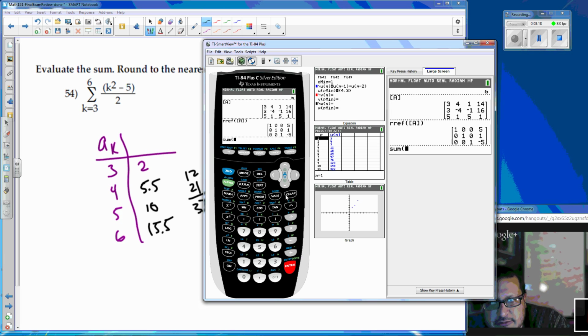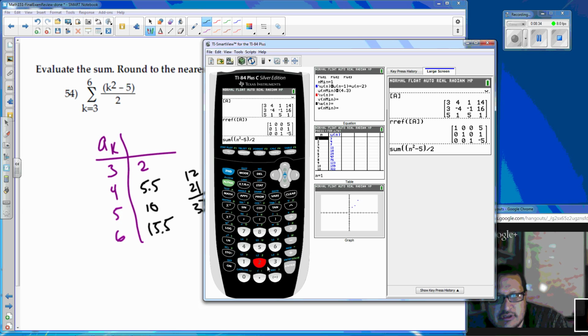The sum of, put in parentheses, n squared minus 5 divided by 2, comma, the variable that you're using, in this case n, comma, where you're starting from, 3, comma, where you're ending, 6.